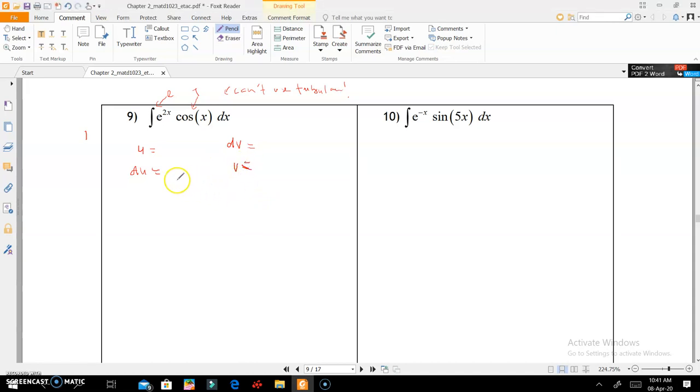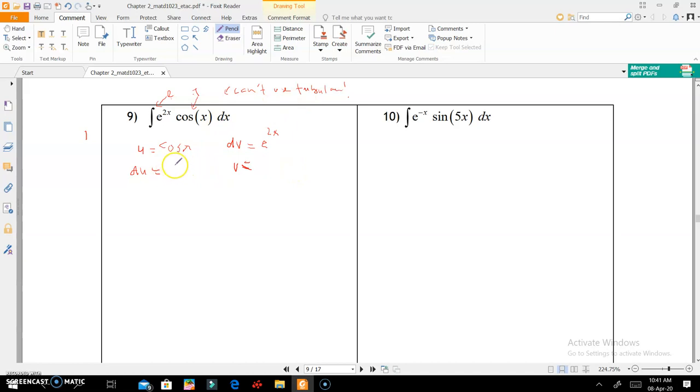In order to choose the value of u here, you go for trigo because trigo comes first before exponent. So here u will be cos x, and dv will be exponent to the power of 2x.